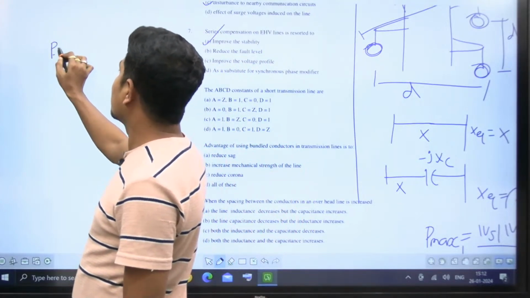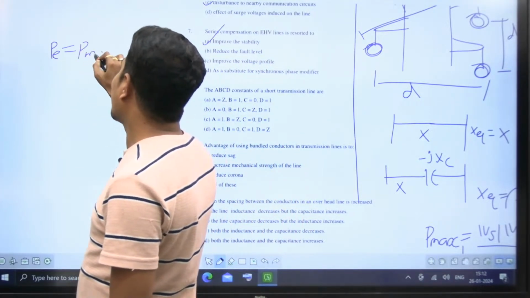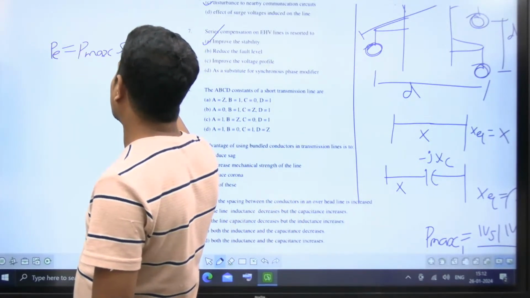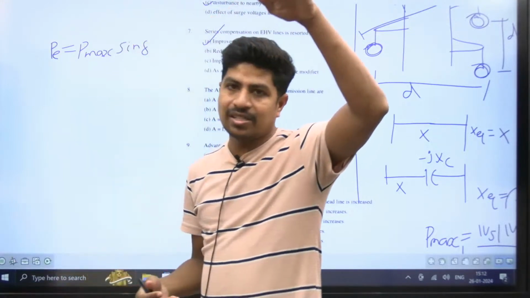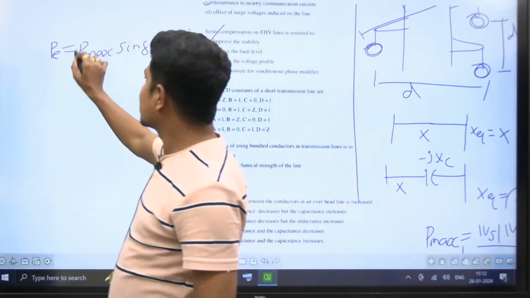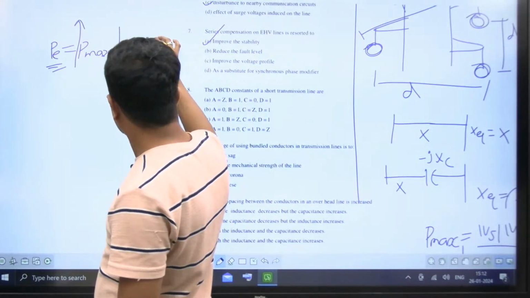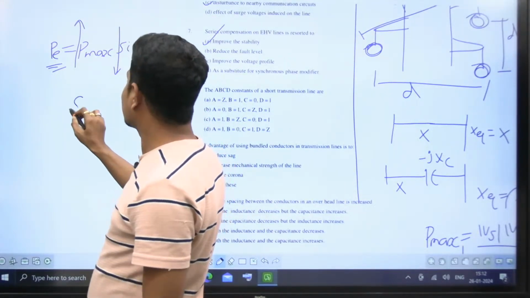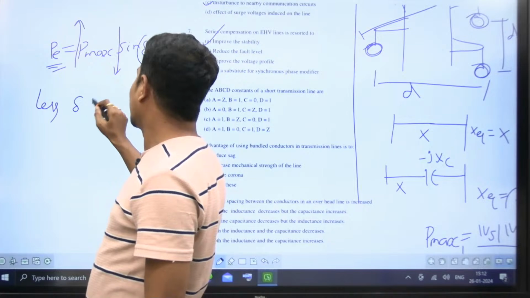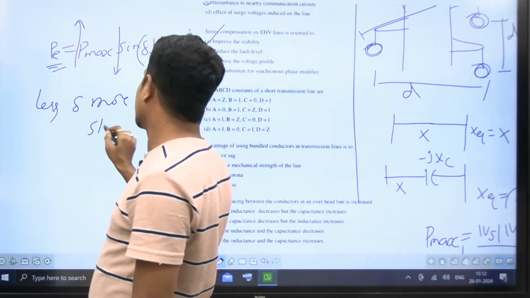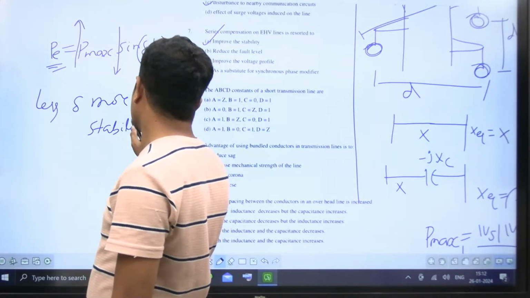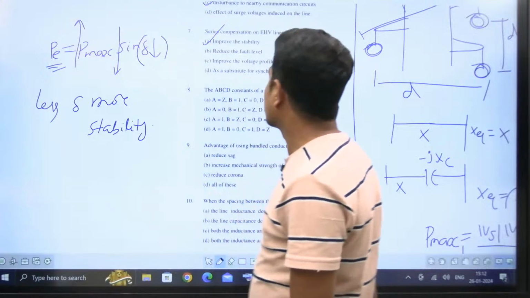That is P is equal to Pmax into sine delta. If I'm reducing the reactance, Pmax is increasing. For same power transfer, if Pmax is increasing, sine delta will decrease. Therefore, delta has to decrease. Less is delta, more is stability. Therefore, stability will increase.